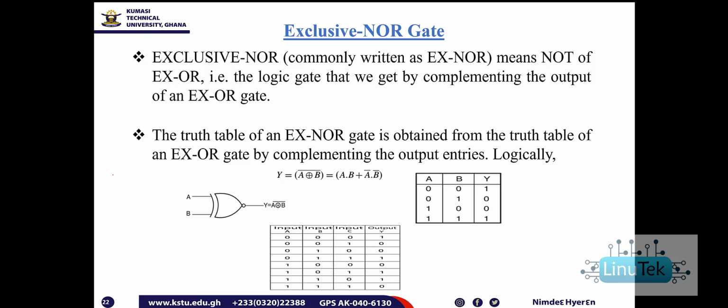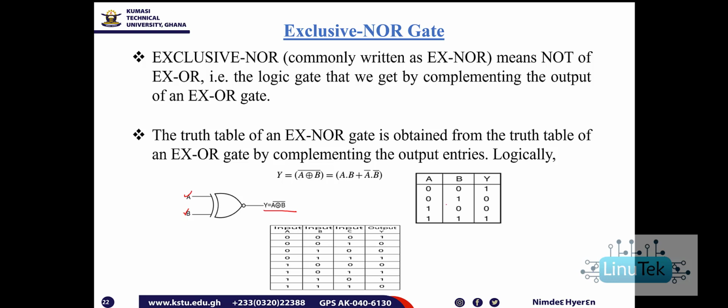Whatever the output of the exclusive OR gate is, a complement is found at the output. So in this case, with a 2-bit exclusive NOR gate, where you have A and B as inputs, the output will be Y equals A XNOR B, or (A XOR B) complement.